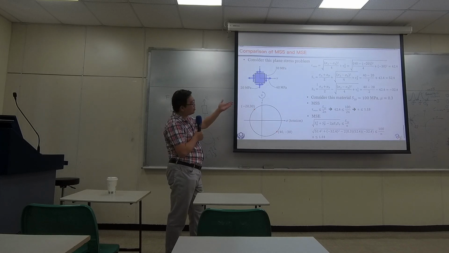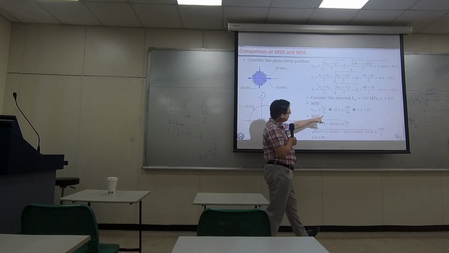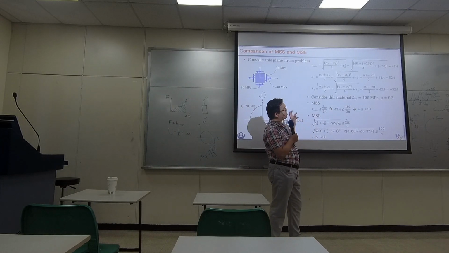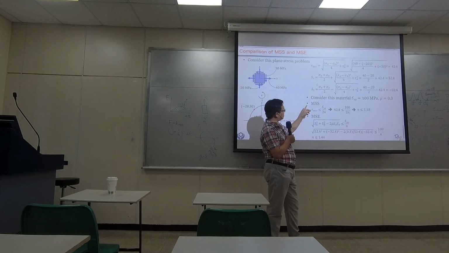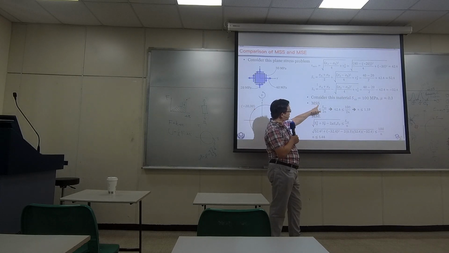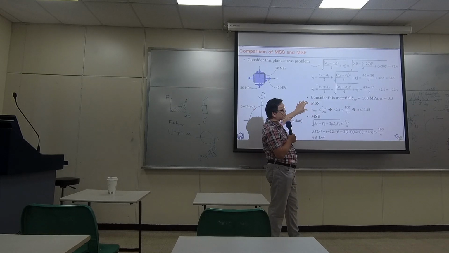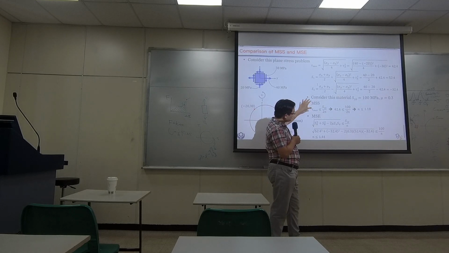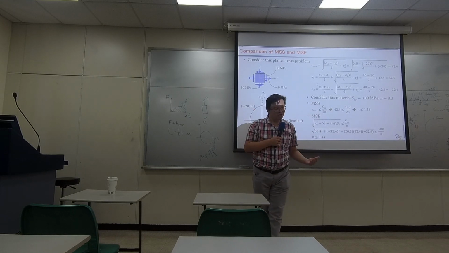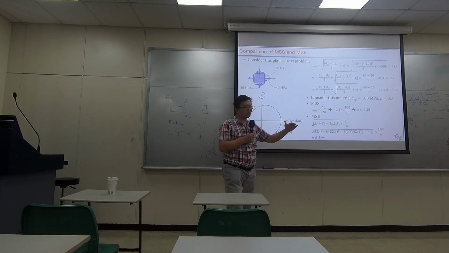Now we know this analysis came from a most conservative analysis, that is the maximum shear stress model. That's the most conservative one. And this model should give me a lower safety factor.